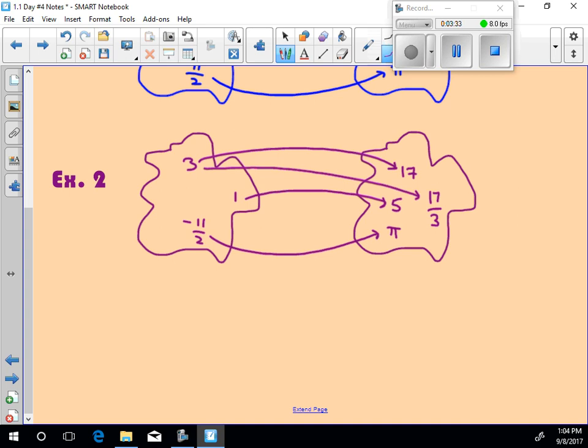Which one do I map to? It's kind of like a type A person. It's like, no, it's Tuesday. I vacuum on Tuesdays. No, I can't dust the living room on Tuesday. I only vacuum on Tuesdays. 3 can only map to 17. Now I'm confused. This isn't a function. A function can't output 2 separate outputs for the same input.